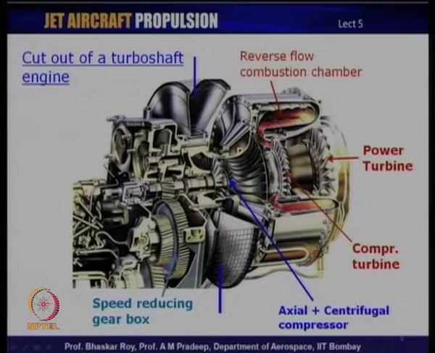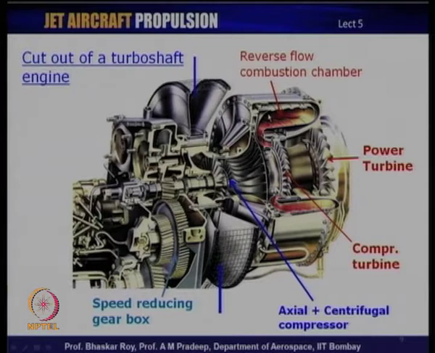Then it delivers the air into this combustion chamber, which is a kind of a reverse flow combustion chamber, in the sense the flow goes into the combustion chamber and kind of backtracks in the opposite direction. So, actually it sort of comes back through the combustion chamber and then gets delivered onto the turbine.